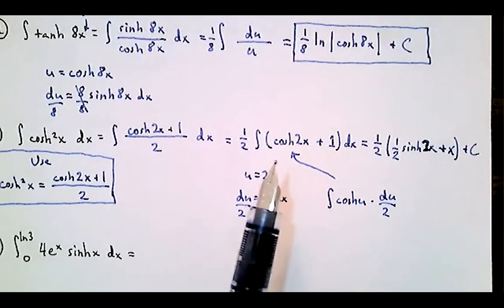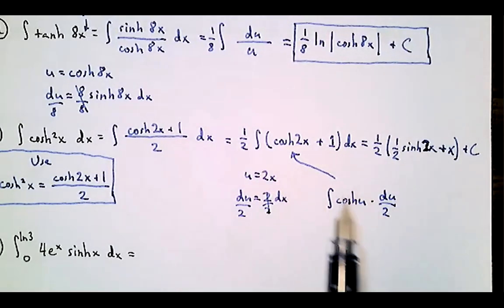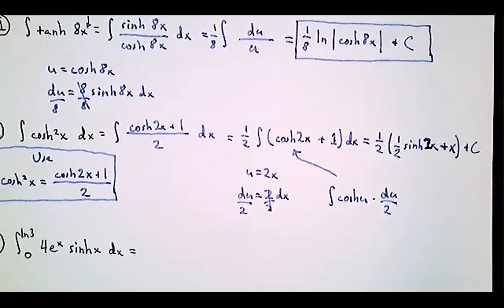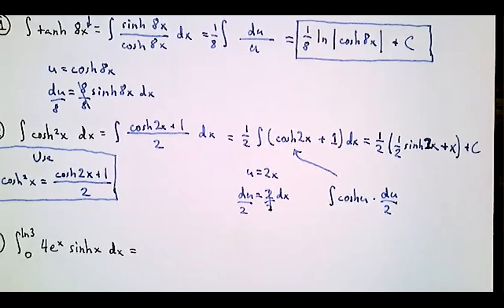But once you get enough practice at u substitutions, you might not have to write out all of it on your paper when you're working. So sometimes you can make things go a little bit faster. Any questions? No? Okay.